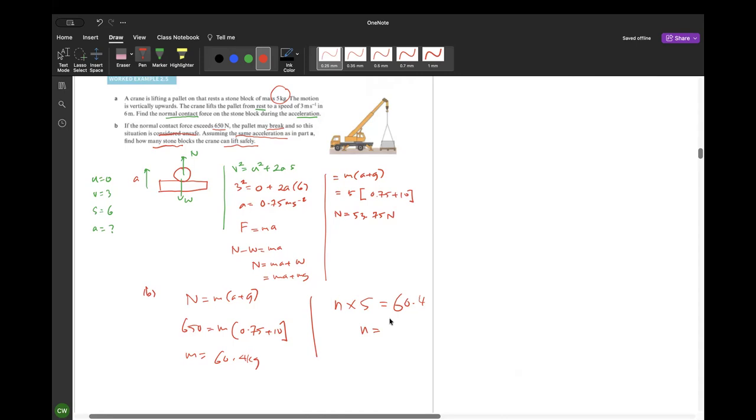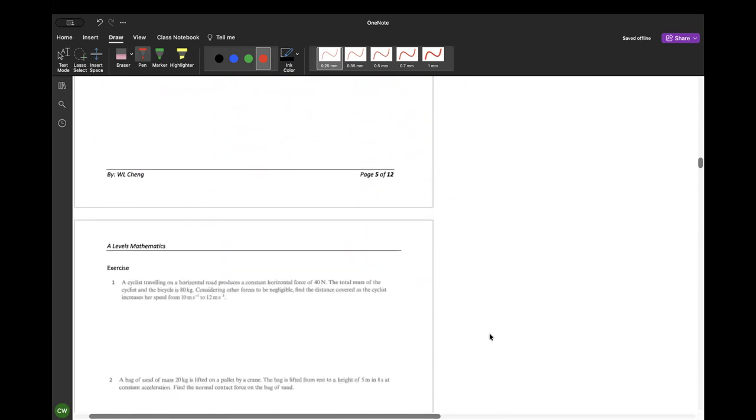Divided by 5, it is 12.1. So we can allow a maximum of 12. So 12 stones are allowed.